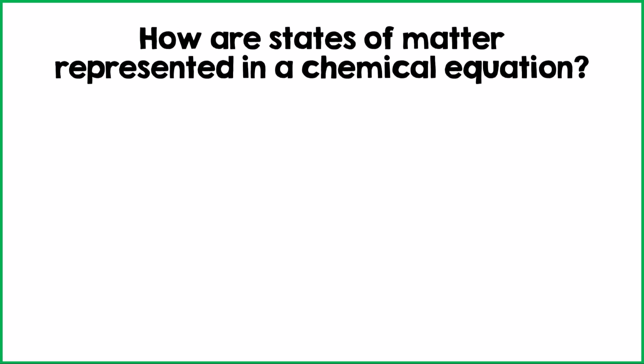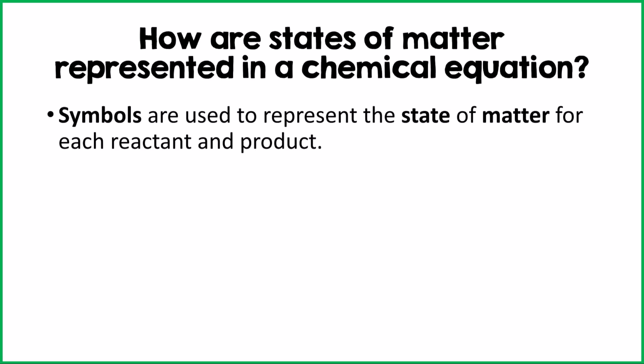How are states of matter represented in a chemical equation? Symbols are used to represent the state of matter for each reactant and product. So this is a particular way to write a chemical equation. We're going to do this frequently, but not all the time throughout the course, because as you get more familiar with some of these substances, you'll understand intuitively which ones are gases and which ones are solids and which ones are liquids.